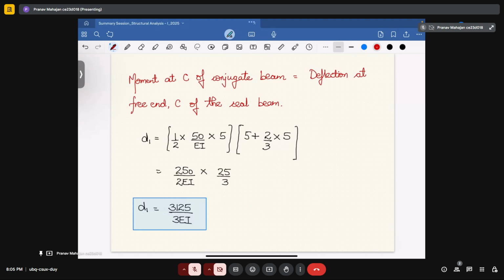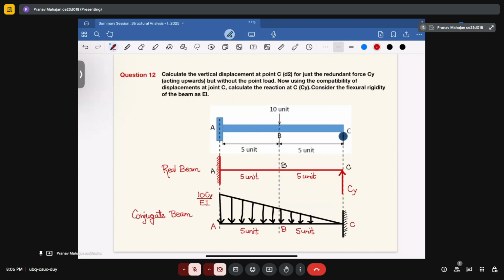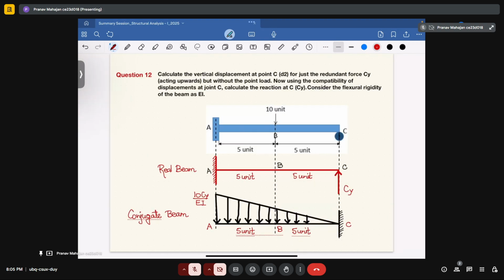That will become the deflection at point C, when the corresponding prop support is removed. Now, what will we do? We will apply a unit load at point C, because we are now using the force method, or you can say flexibility method, to solve the problem.